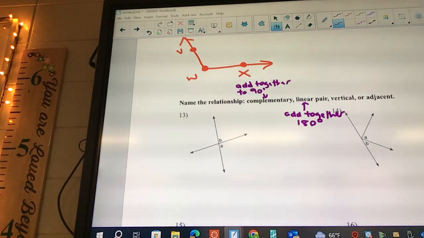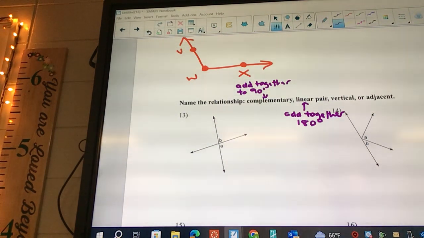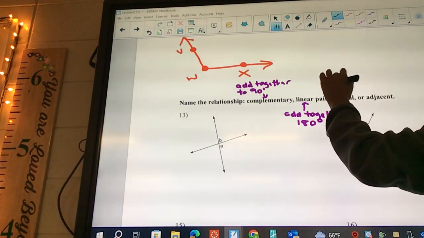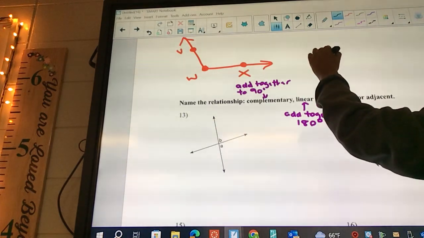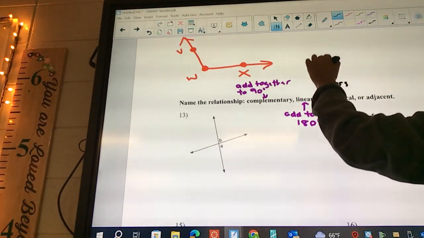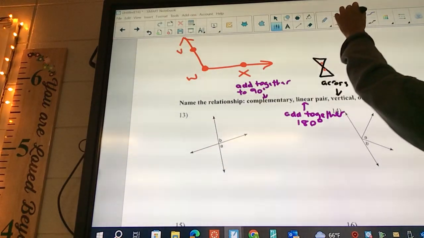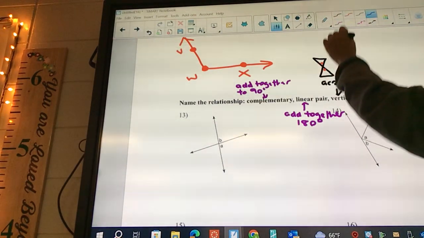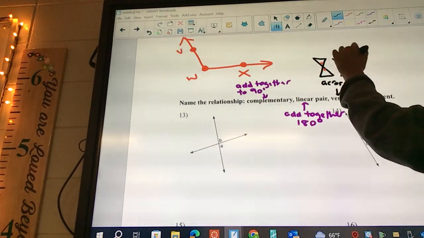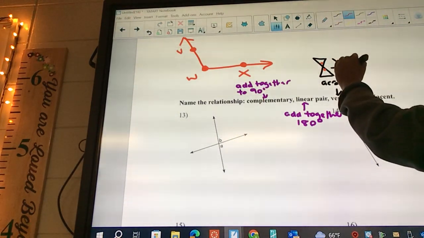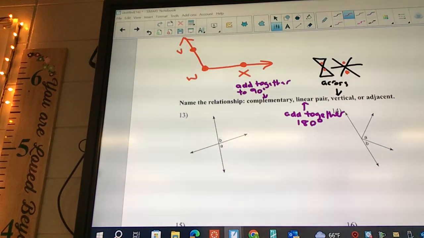The vertical angles are going to be across from each other. There's 2 pictures that you're going to commonly see. So this one is vertical to this one. Or the other one you might see is going to be like this, and this one is vertical to this one. So those are what vertical looks like. They're right across from each other.